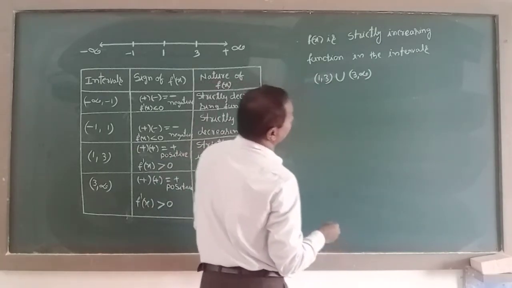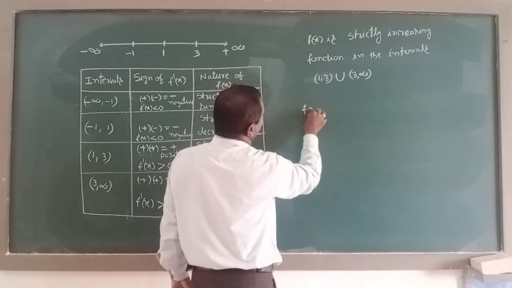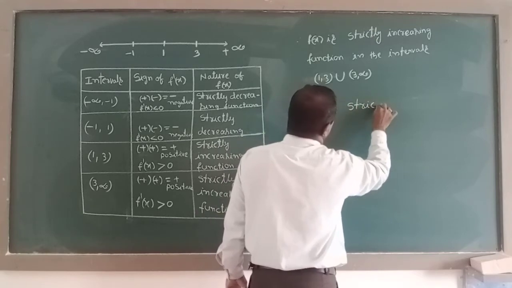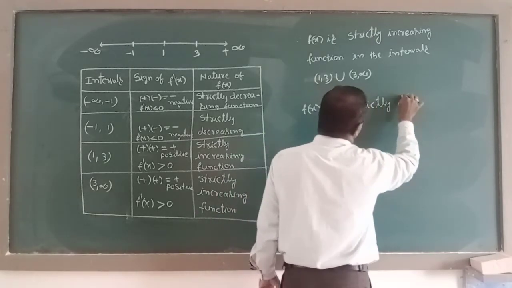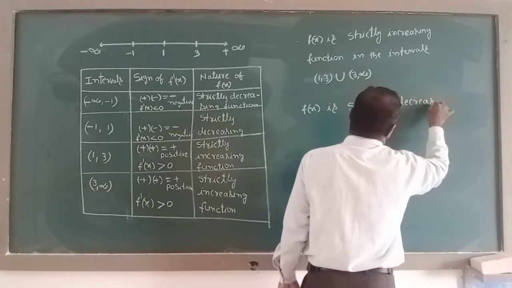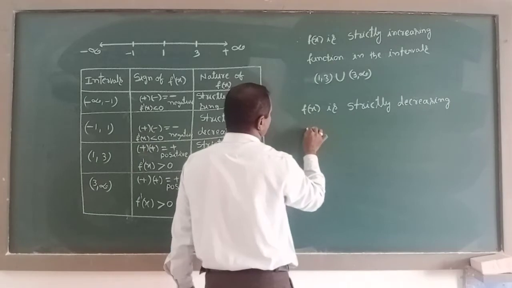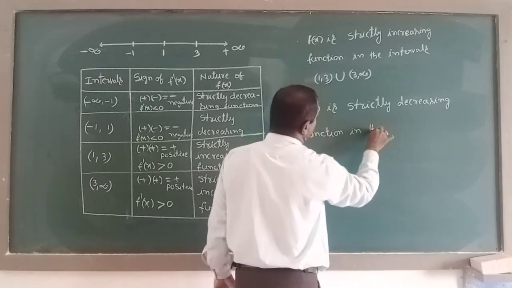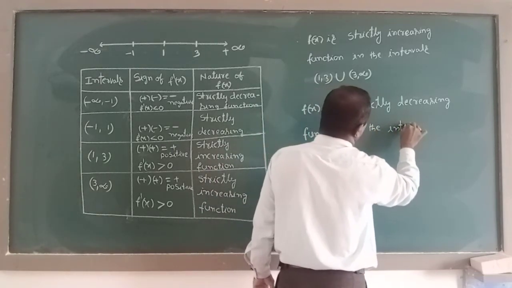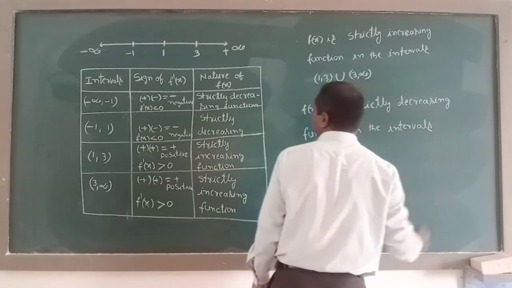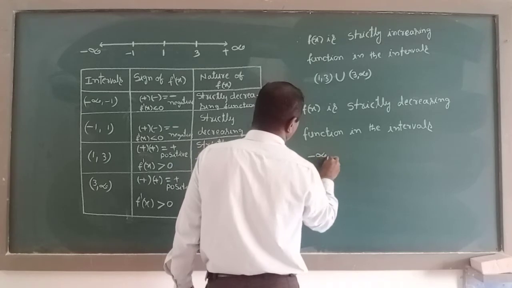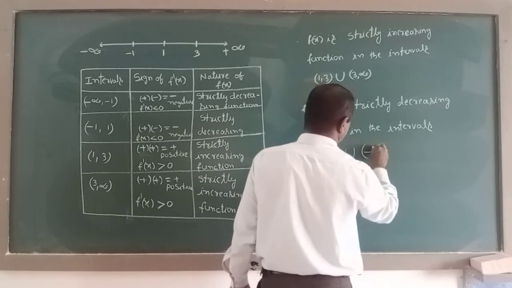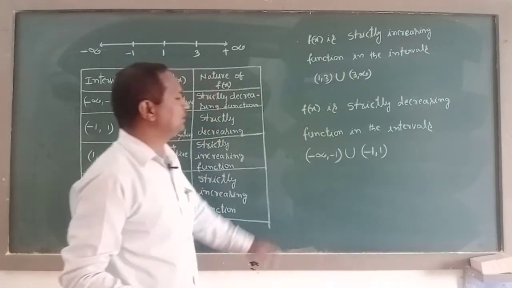And for each interval that is strictly decreasing, about that also we should write here. f of x is a strictly decreasing function in the intervals minus infinity comma minus 1 union minus 1 comma 1, like that.